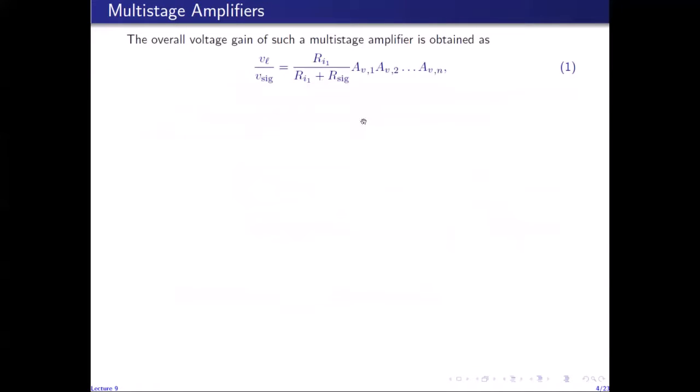So the overall voltage gain of the multi-stage amplifier, which is given by the ratio of VL to Vsig, where VL is the AC component of the load voltage and Vsig is the source signal, is given by this expression. It is expressed in terms of the product of the voltage gains of the individual stages. AV1 is the voltage gain of the first stage, AV2 is the voltage gain of the second stage, and so on.